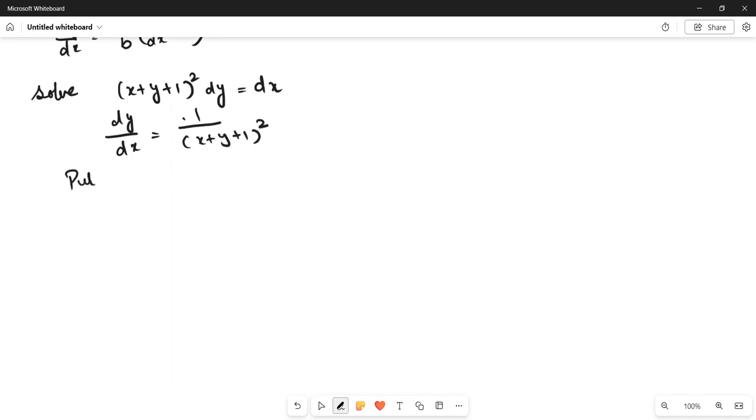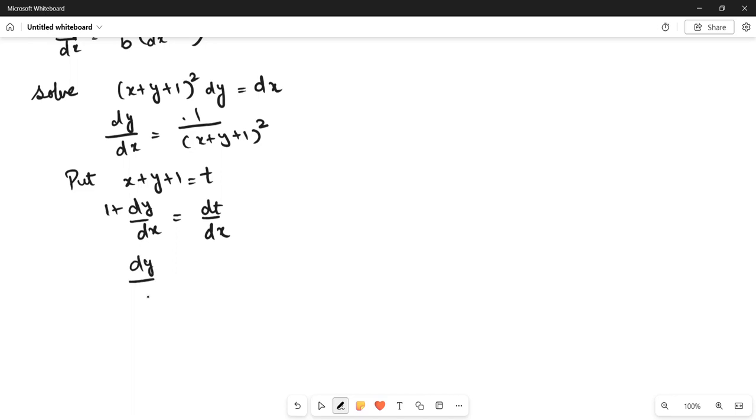So our first step is to put x plus y plus 1 into another variable t. Then we will find the derivative with respect to x. The derivative of y is dy by dx, and this is dt by dx.